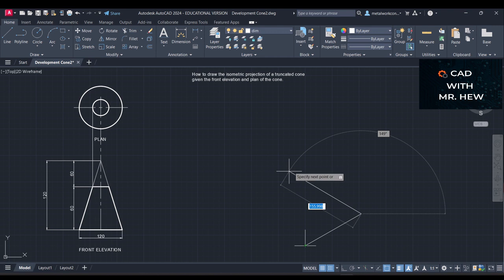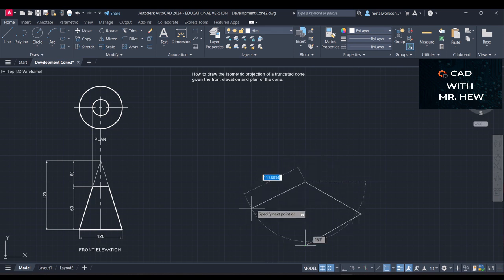We're going to be drawing a square equal to the circle that we need. So we need a circle of 120 diameter, so we'll have to draw a square of 120 millimeters. The angle would be that. Now come down, same 120, and the angle.